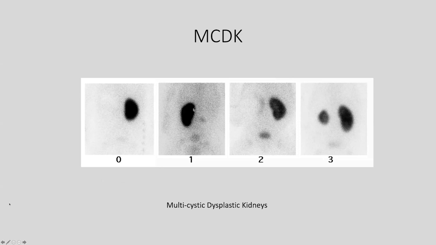And you can see the range of possible findings from total absent uptake of the involved kidney, to minimal uptake, to a huge hydronephrosis with some uptake on that involved kidney, or even some uptake which is not absent or not grossly distorted. So there is a range of findings on the DMSA in patients with multicystic dysplastic kidneys.